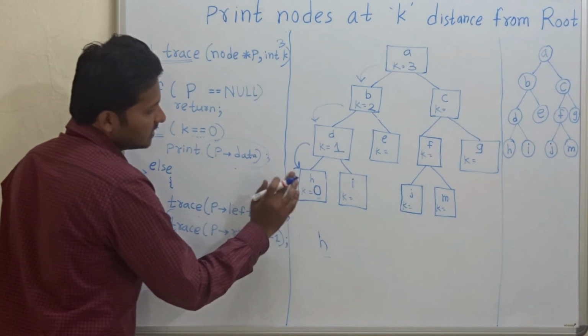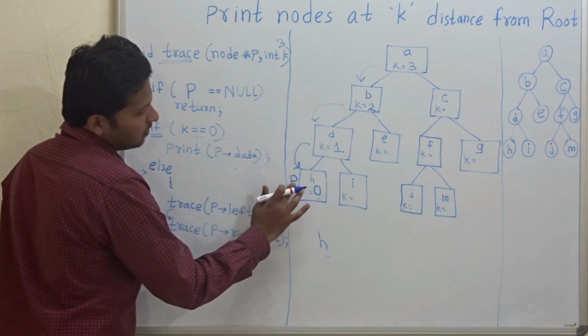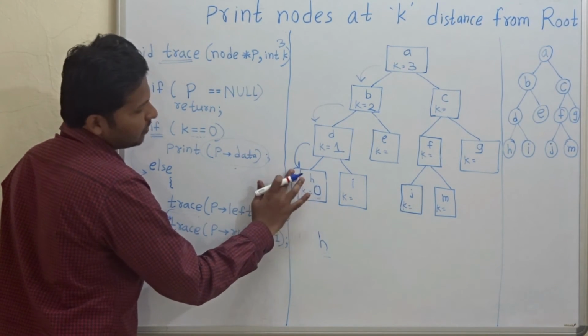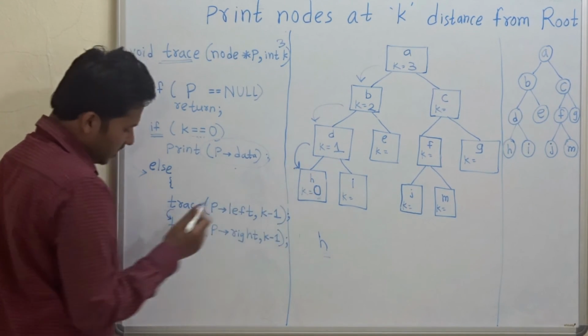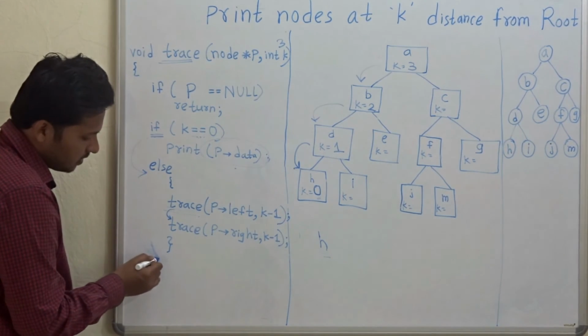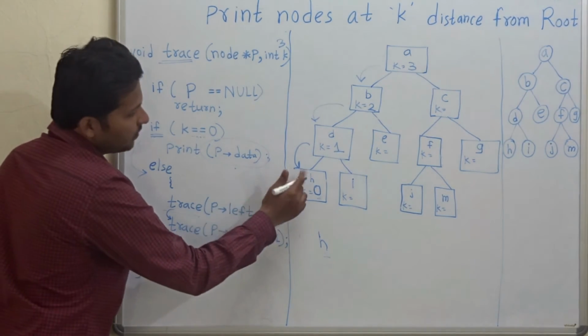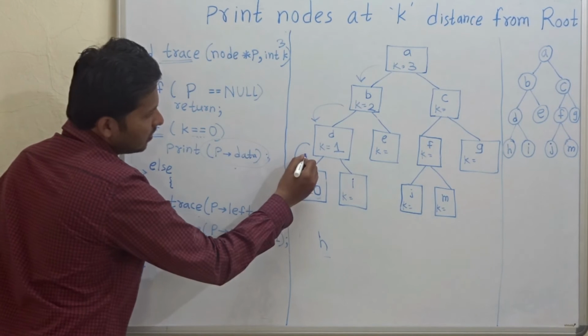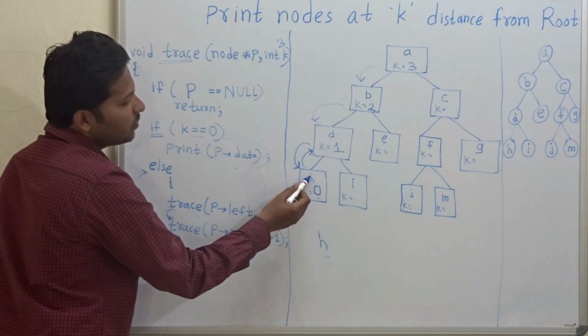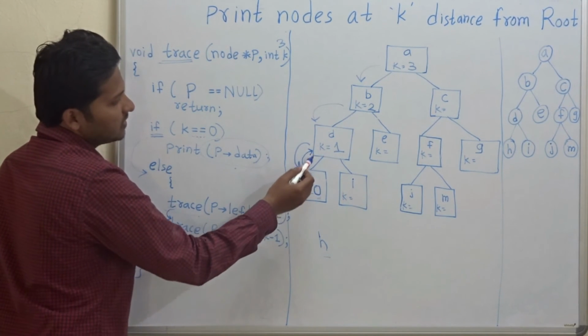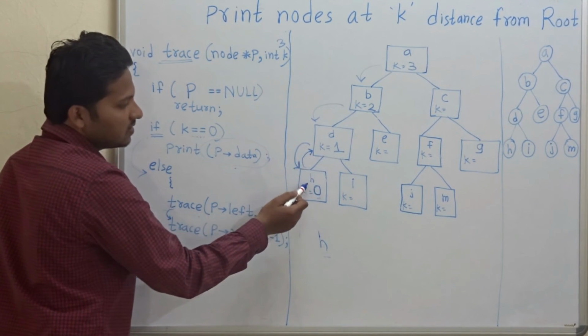So here you can see p is pointing to H, but when this recursion is over and we come out of this function, we return to the previous node. So we return to the parent of H. This is the parent node and this is the child node.